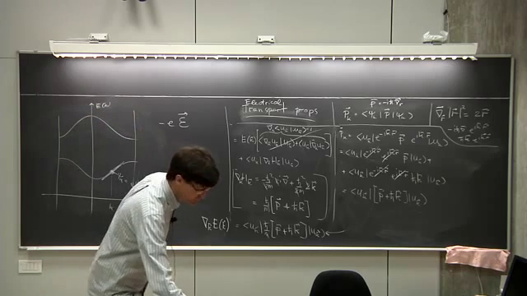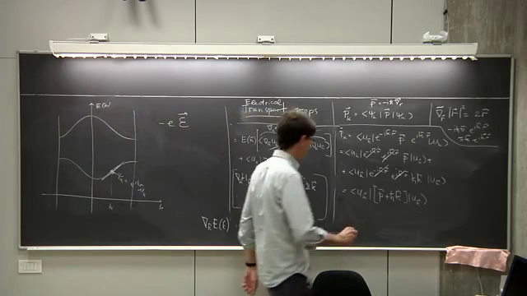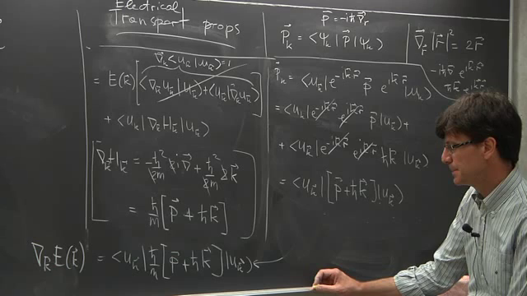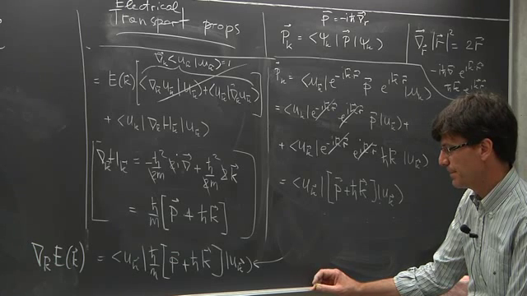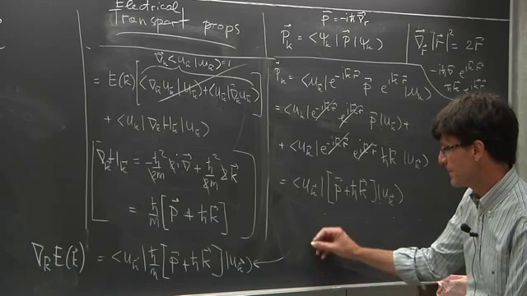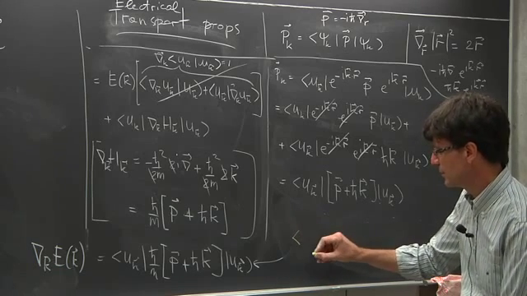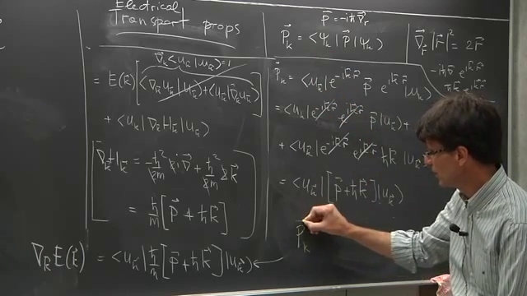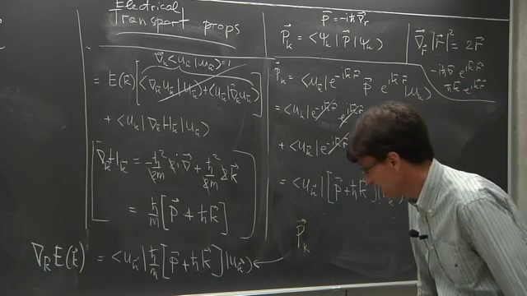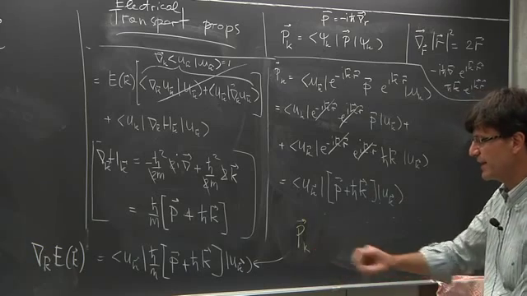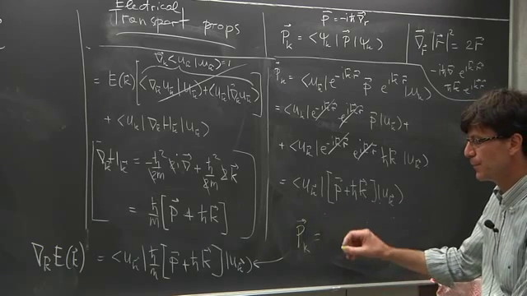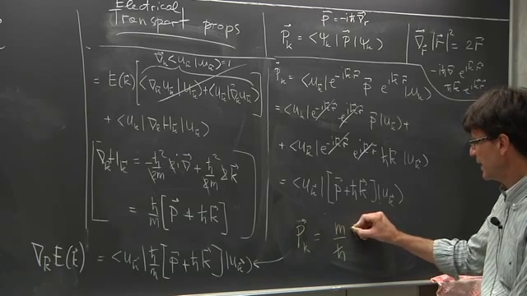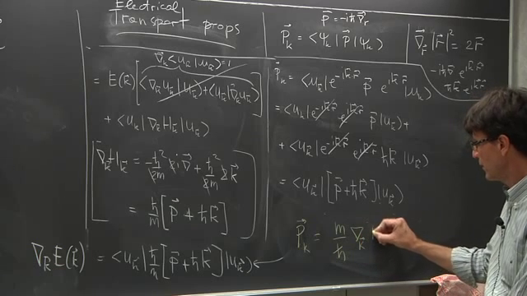So we have an important conclusion here, which I will write in yellow to highlight it: the expectation value, P of k in our language, the value of the momentum, the expectation value of the momentum operator for a Bloch state at k is equal to m over h bar gradient over k of E of k.